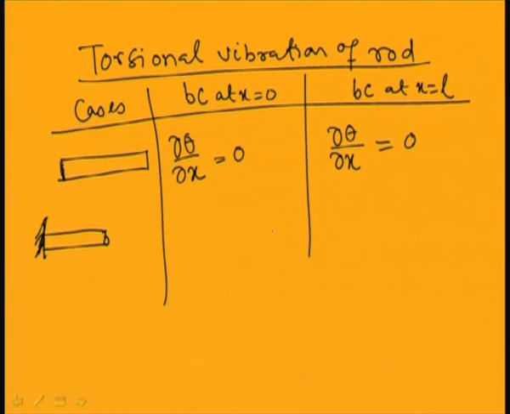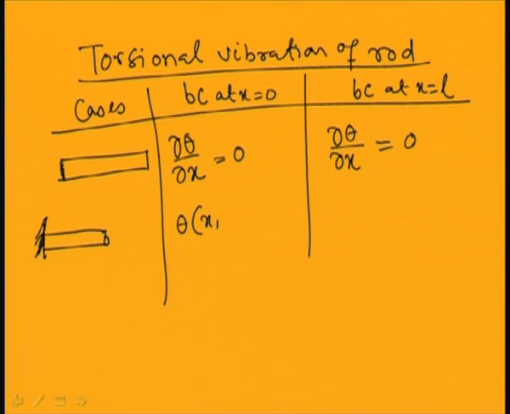When it is fixed at the left end, the rotation will be 0, so I can write theta(x, t) equal to 0. Similarly, if the right end is fixed, then theta(L, t) will be equal to 0. So, this is the free boundary condition and this is the fixed boundary condition. Similarly, I can have other boundary conditions.